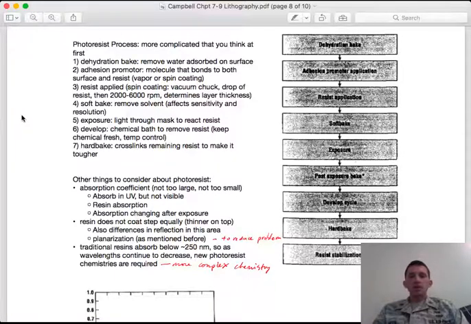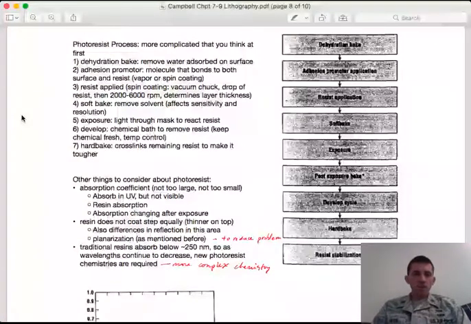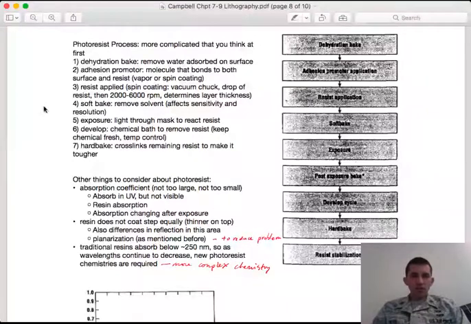Then you deposit a small amount of the coating onto the spinning wafer, and the centrifugal force of the spinning will wick that coating across the surface and form a very thin, very uniform layer. That's how the adhesion promoter is applied, and you let the solvent evaporate. And that's also how the resist is applied.